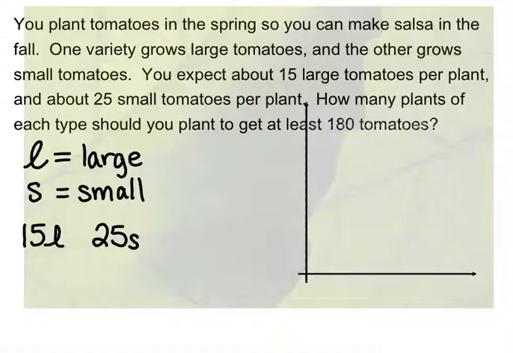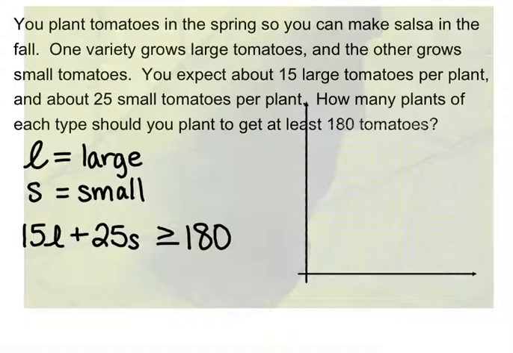How many plants of each type should you plant to get at least 180 tomatoes? So we want 180. We want at least, so we want either 180 or more than that. So we're going to say greater than or equal to. Now, just like before, we're not subtracting, we're adding because we want to add up all our tomatoes because we're putting them all in our salsa.